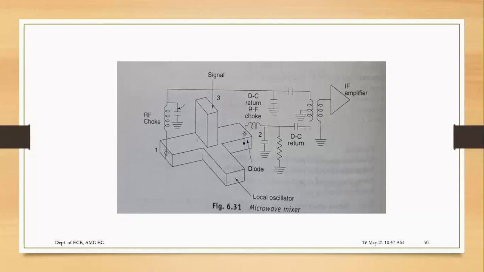Now, since you know that the local oscillator noise will be in phase at the diodes, this gets cancelled here, the noise at the balanced IF, whereas the IF signals are added up in phase for the amplification. So if you are getting it in phase, it will be used for amplification. If you are getting it out of phase, then it will be used for the balancing of your IF amplifier here. And the IF and RF signals are uncoupled.